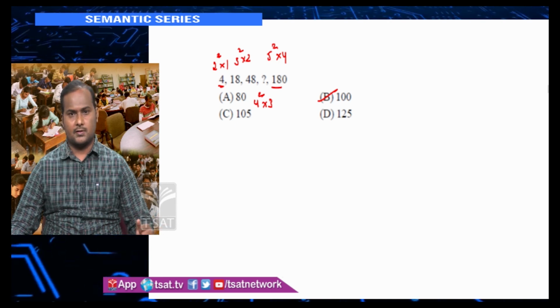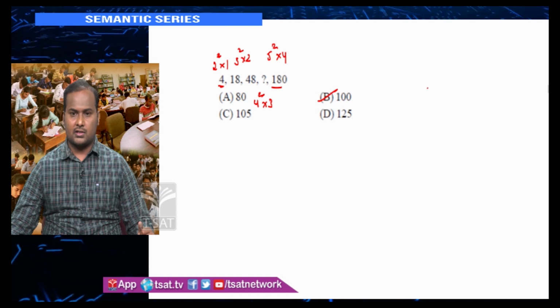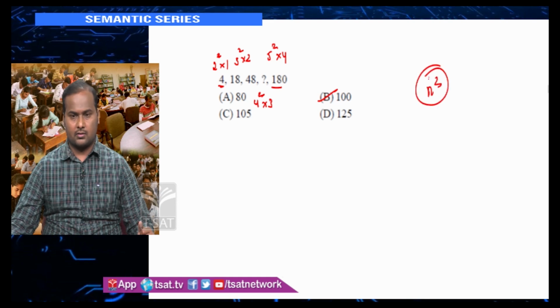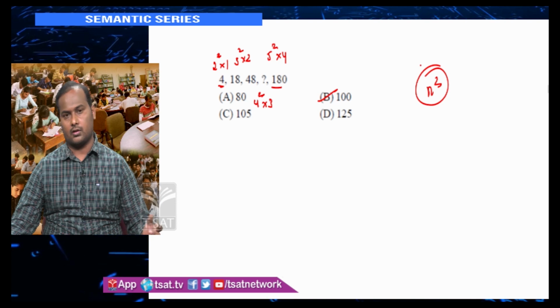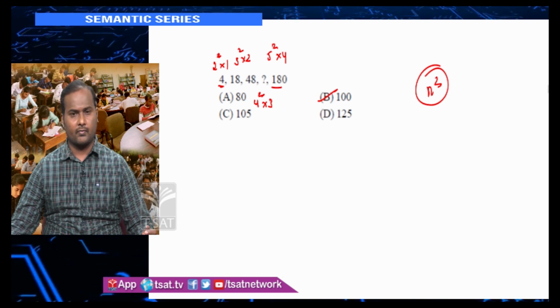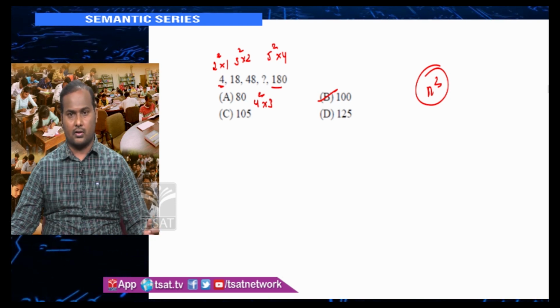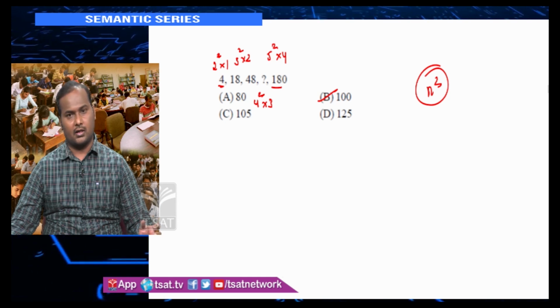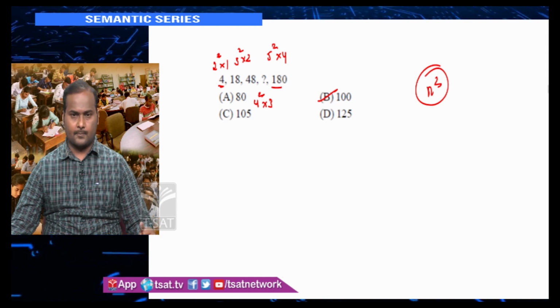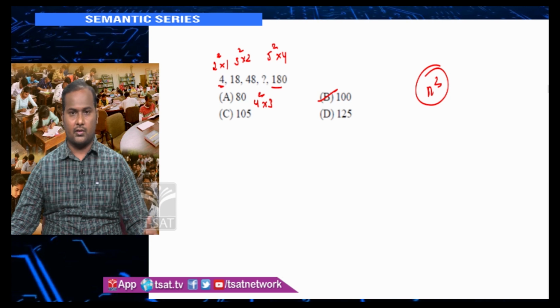Generally in the SSC, I said that the questions will be in the format of n squares, not only additions and subtractions, that is n square plus n or n square plus 2 or n square plus 3 or n square minus 1 or n square minus 2 or n square minus 3. Apart from this, n square plus n and n square minus n, I said. Now in this case, it is given multiplication.